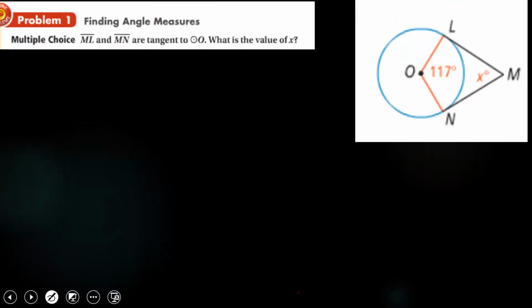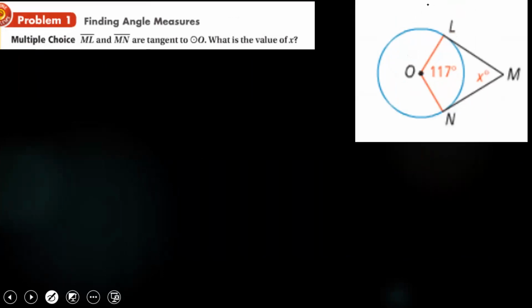Here we have a circle with center O, and now we have two tangent lines. This is the first tangent line and this is the second tangent line.